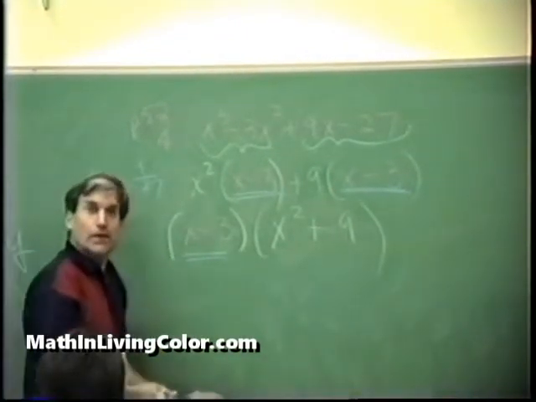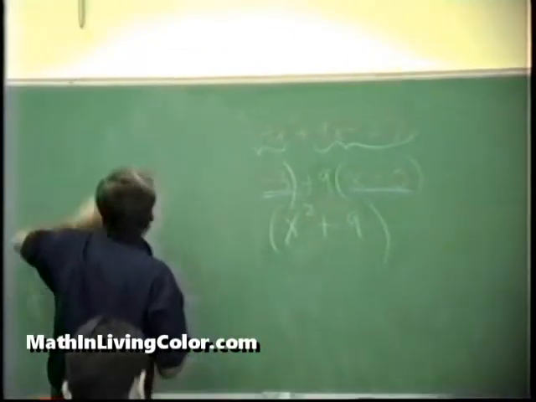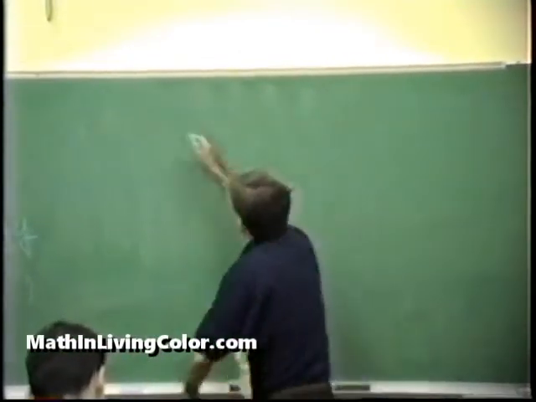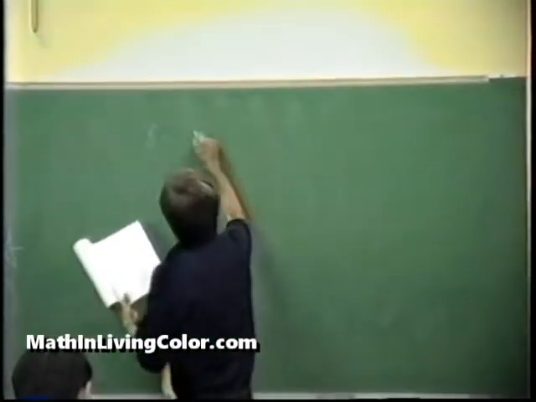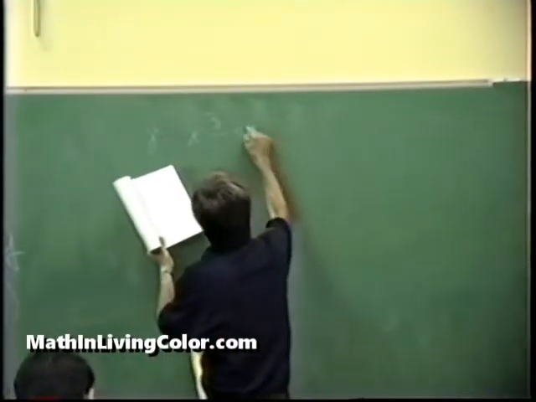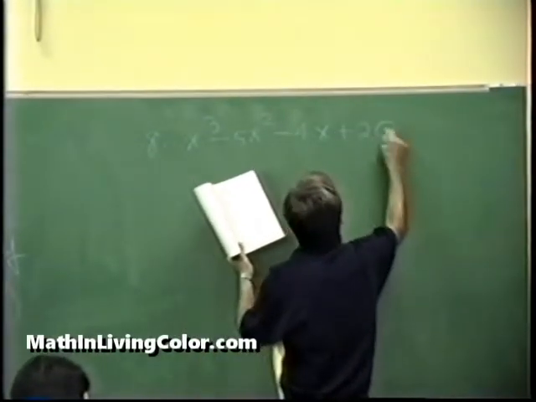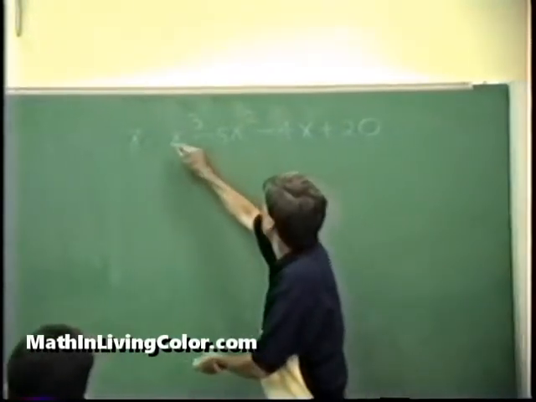Okay? All right, let's do another example like that. That was number 4. Let's do number 8. Number 8 says x cubed minus 5x squared minus 4x plus 20. So, do you see a common factor in the first two? x squared.